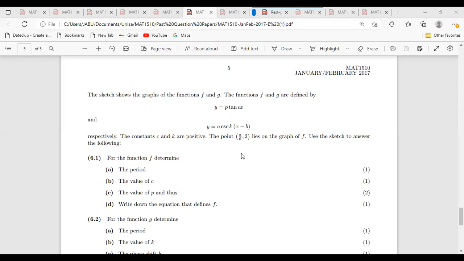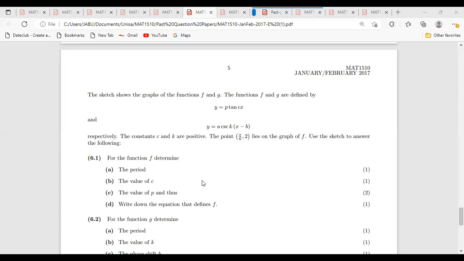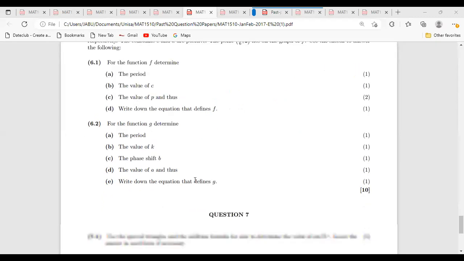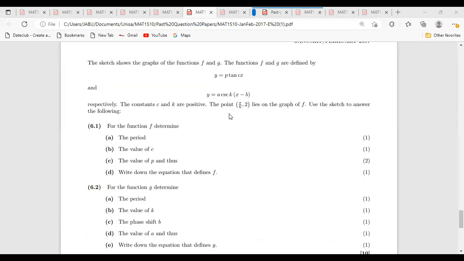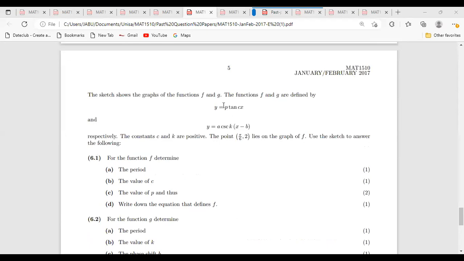Where is P? No, we're looking at the wrong one. Is it? Yes, we are. The value of P. Okay, so P is this one right here, right?